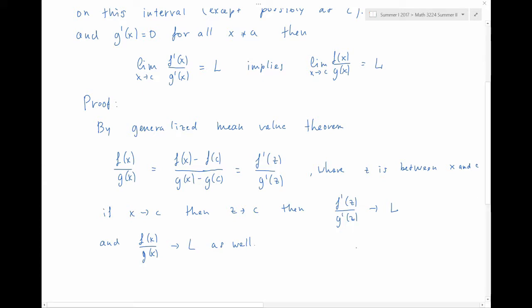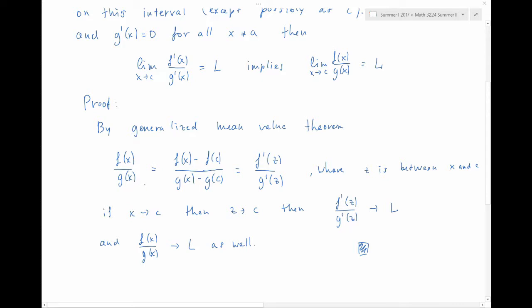This finishes the proof, but I want to stop and reflect a little bit on why the implication is only one way, because it seems like the equality is in both ways. But here's the caveat. When z converges to c, it wouldn't mean that x converges to c. When x converges to c, since z is stuck in between them, then z has to converge to c as well. So we have to investigate the original fraction right here.